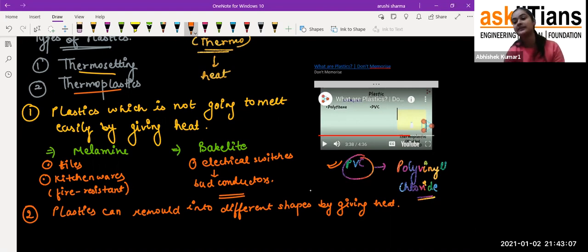These are also polymers of monomers. It's just the difference of the monomers used in thermosetting plastic and thermoplastic, because the question can be that ma'am, both are plastic, so why the difference? It is just that their monomers have different properties.